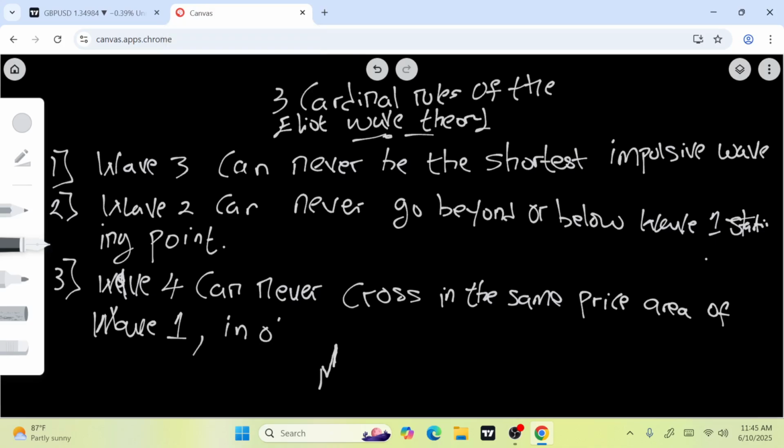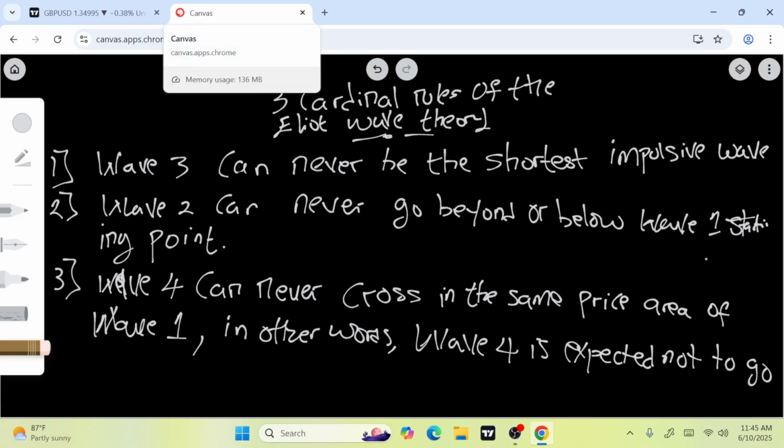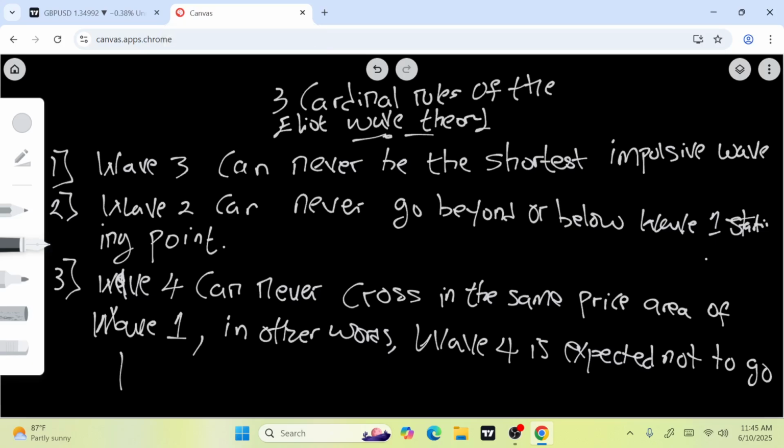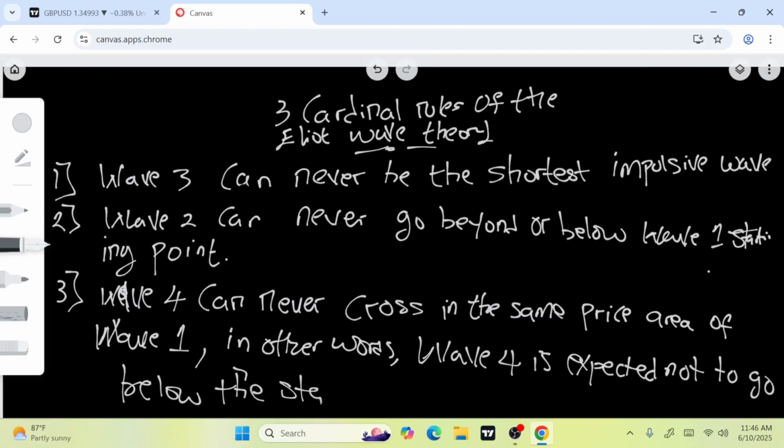In other words, wave 4 is expected not to go below the starting point of wave 3.